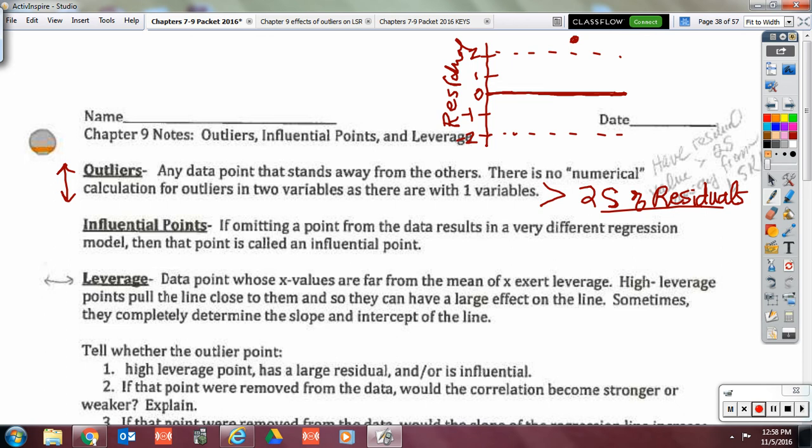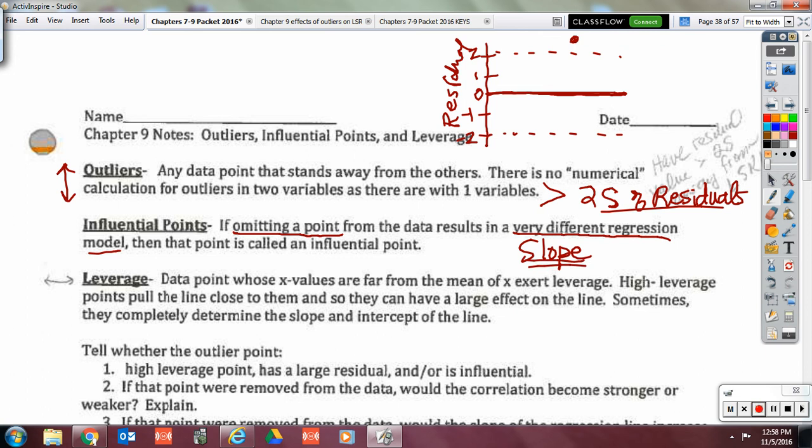An influential point, by definition, kind of takes things backwards. It says omitting a point, so taking a point away from the data, results in a very different regression model, meaning that the slope has significantly changed. That's more of what we're interested in.